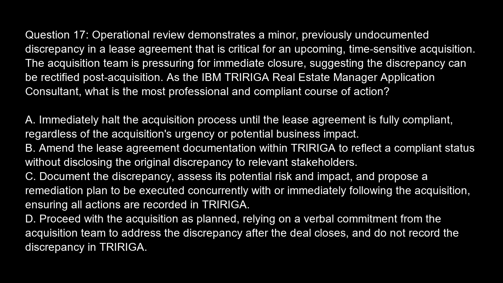Option C. Document the discrepancy, assess its potential risk and impact, and propose a remediation plan to be executed concurrently with or immediately following the acquisition, ensuring all actions are recorded in TRIRIGA. Option D. Proceed with the acquisition as planned, relying on a verbal commitment from the acquisition team to address the discrepancy after the deal closes, and do not record the discrepancy in TRIRIGA.